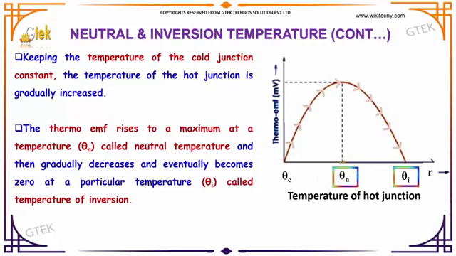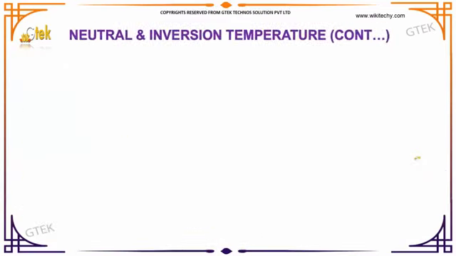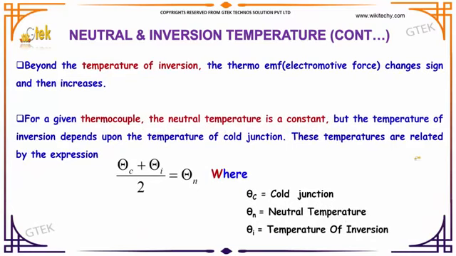The thermo EMF rises to a maximum at a temperature theta n, that's the neutral temperature, and then it starts decreasing and eventually becomes 0 at a temperature that's the temperature of inversion. Beyond the temperature of inversion, the thermo EMF changes sign and then increases.